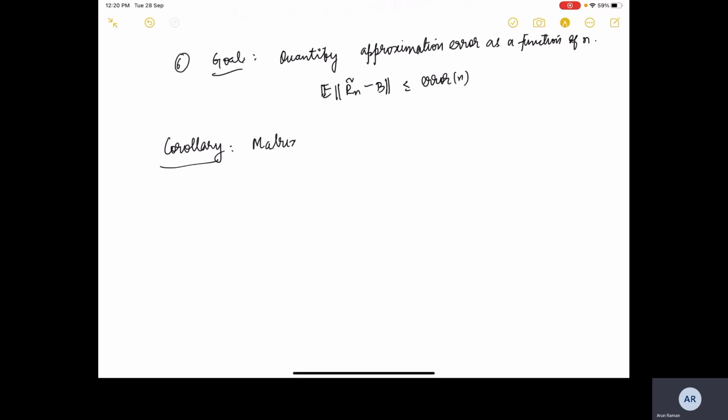This is for matrix approximation by random sampling.